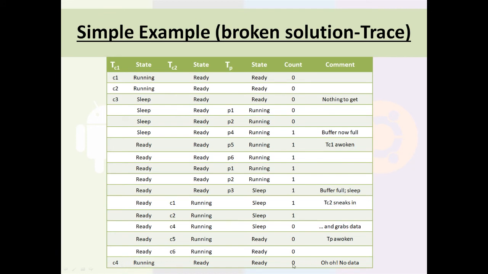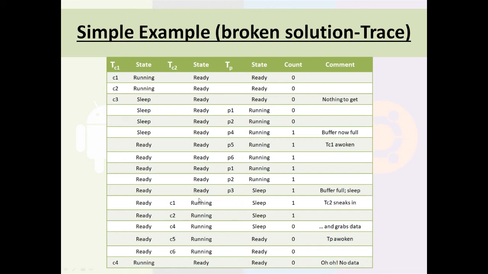But at this point, there's no more information in the buffer to consume. So our assertion triggers and the code has not functioned as desired. So clearly we should have somehow prevented TC1 from trying to consume, because TC2 snuck in and consumed one value in the buffer that had been produced.